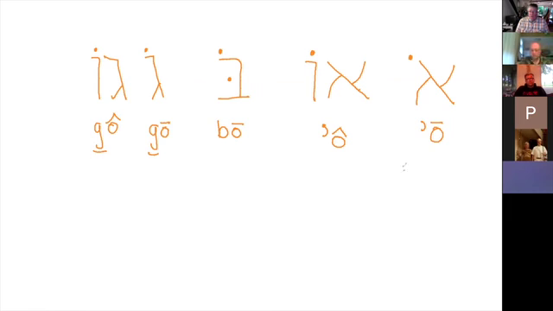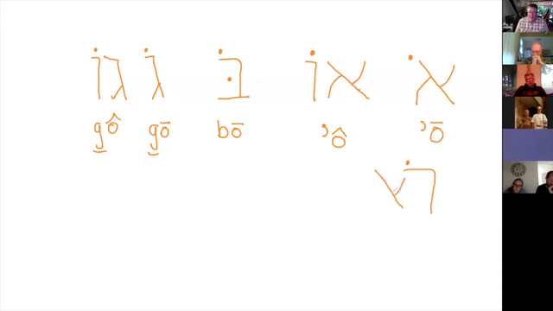The word rosh: resh, an aleph, and a shin. Rosh, the golem is over here. We had the word yom already. This is another one.